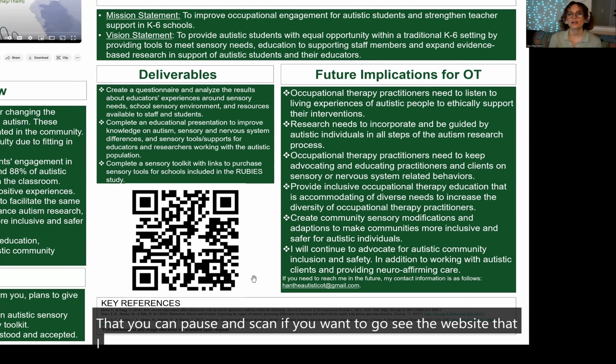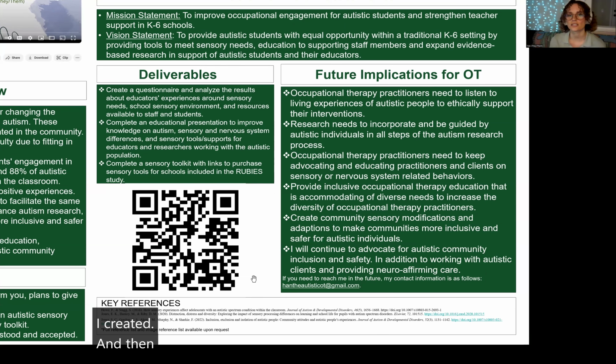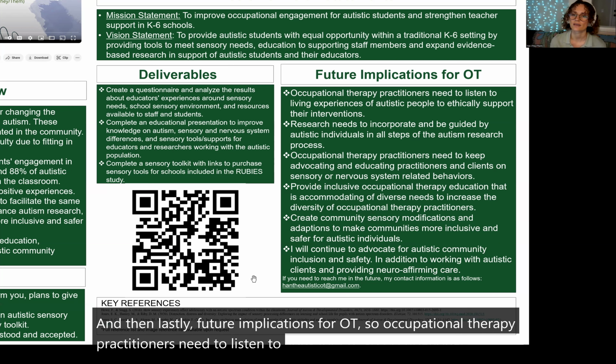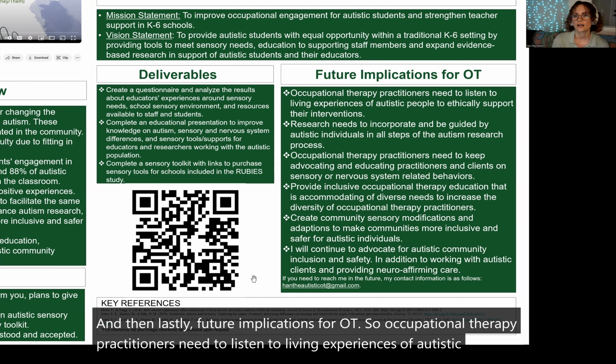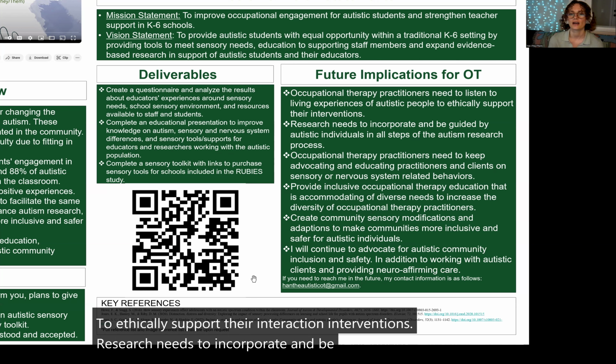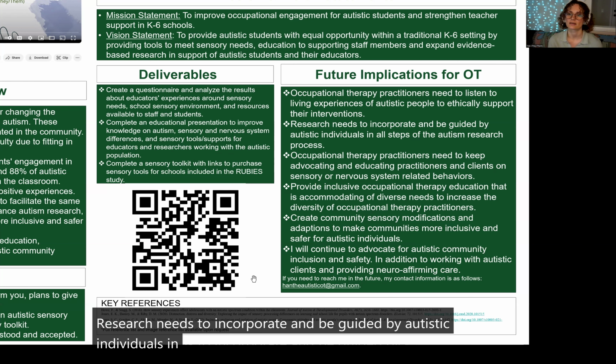And then lastly, future implications for OT. So occupational therapy practitioners need to listen to lived experiences of autistic people to ethically support their interventions. Research needs to incorporate and be guided by autistic individuals in all steps of the autism research process.